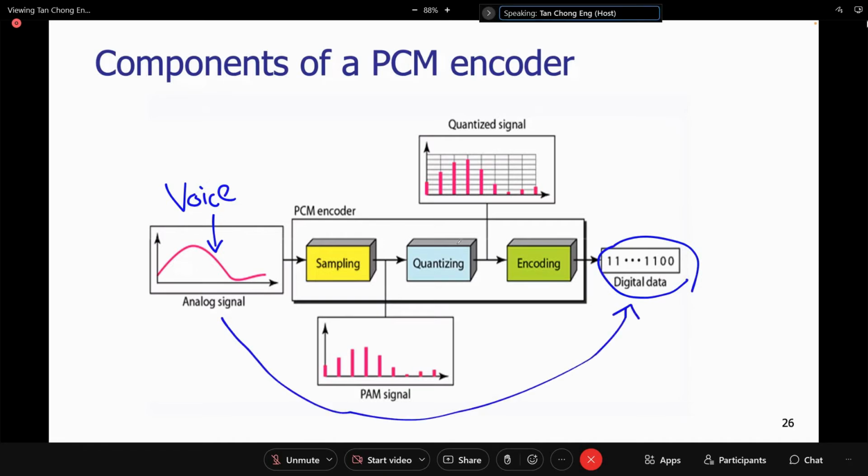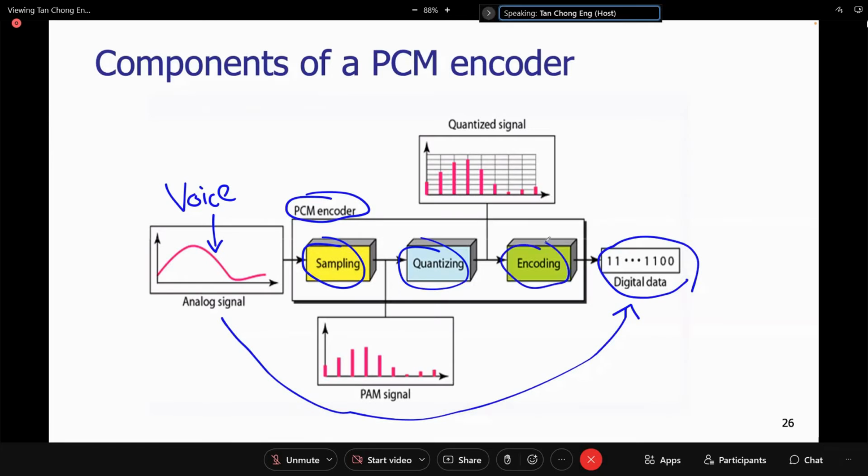I must go through this process called PCM, pulse code modulation. This PCM encoder is going to carry out this PCM process. Inside this PCM process, we have three processes here: one is sampling, the other is quantizing, and the last is encoding.